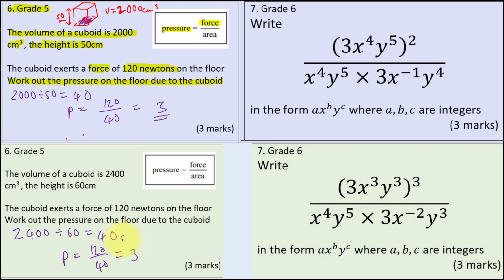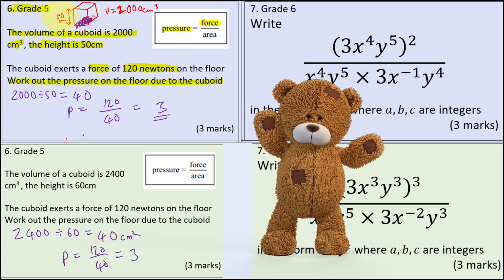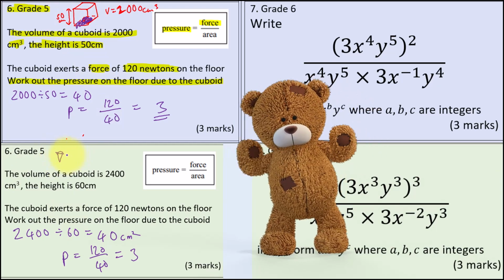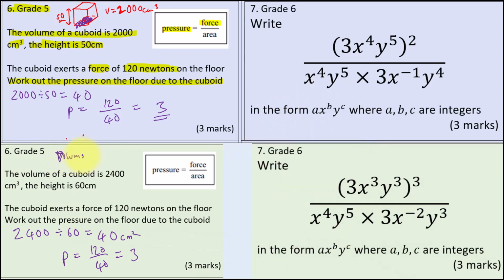So just to be clear, that 40 centimeters squared is the area of this section, although in the question the height is 60, because remember the volume of a cuboid is the area of the cross section times its height or length or depth. That's the way to find the volume of any prism. If we weren't 100% sure before, that should be straightforward.